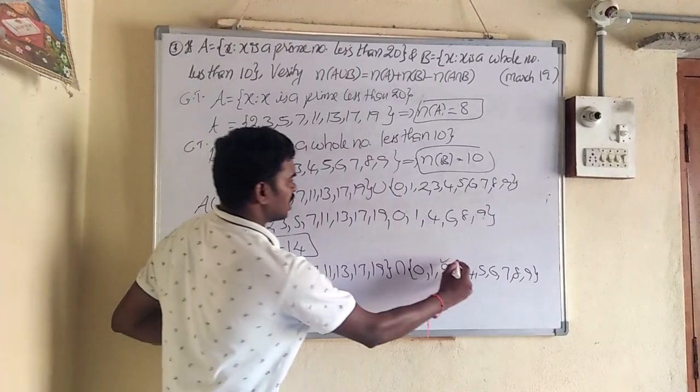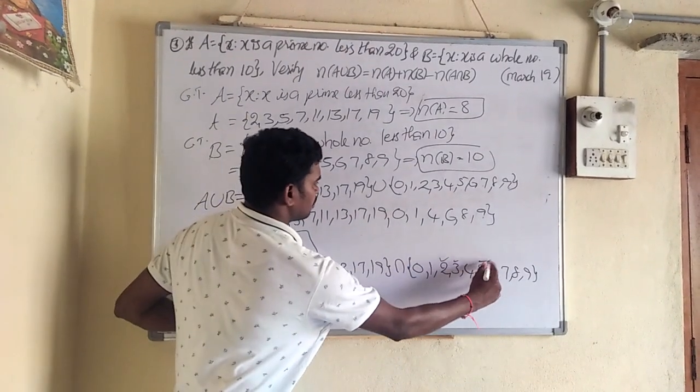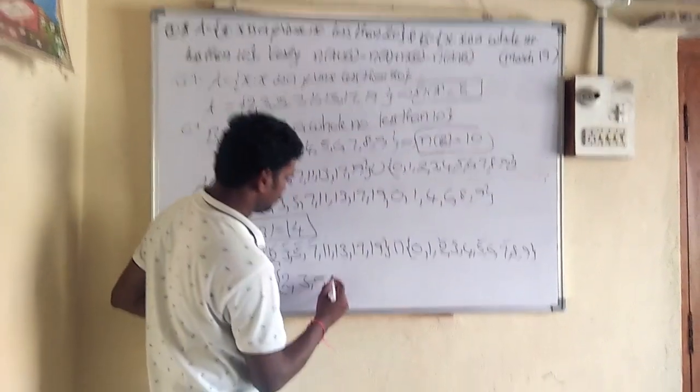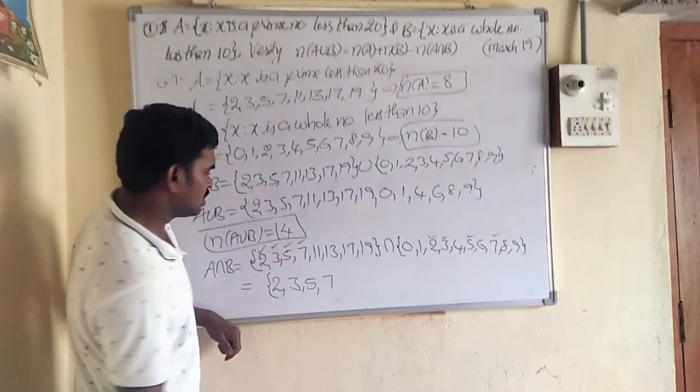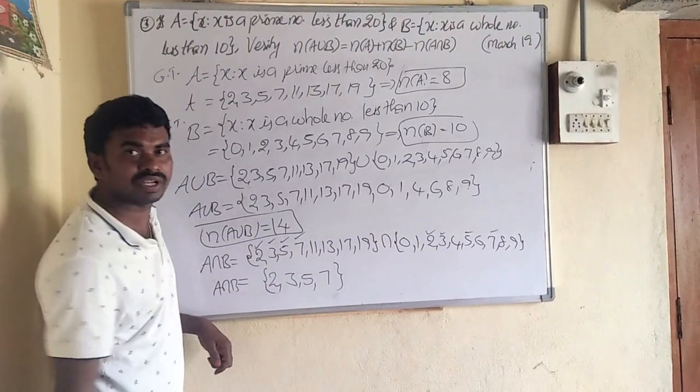Next 3 is common, write down. Next 5 is common. Next 7 is common. Then that's all. These are the only common elements of A intersection B.